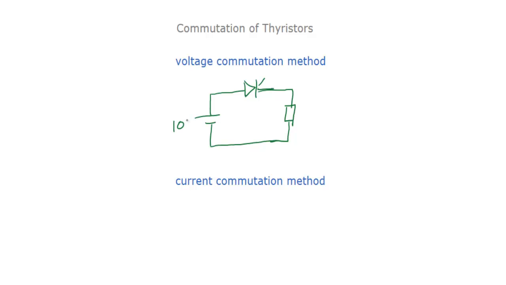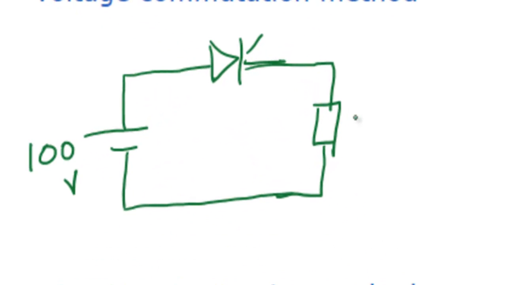Assume this is 100 volts and it has a load of maybe 5 ohm resistance, then it is drawing a current of 20 ampere.